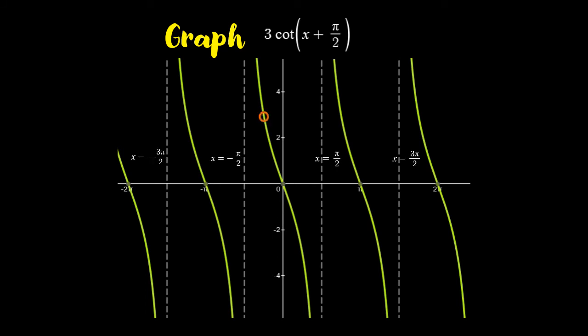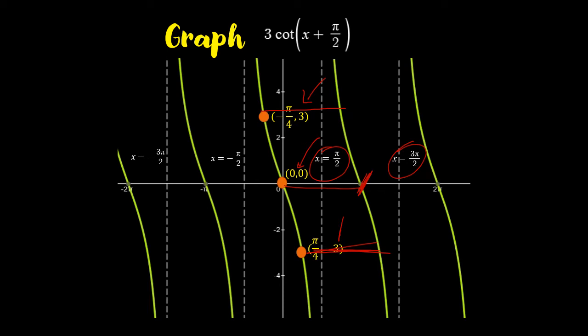Now these points, we took them, and this point, keep in mind, is the one halfway between the asymptotes, between pi over 2 and 3 pi over 2. Now the y coordinate for each point you take is not going to change. It's the x point that we keep adding.